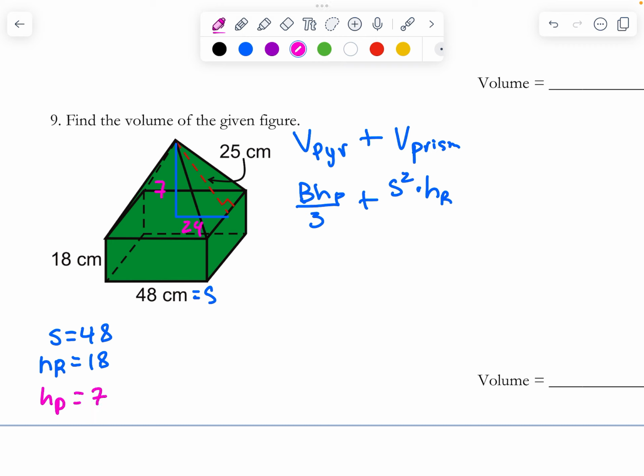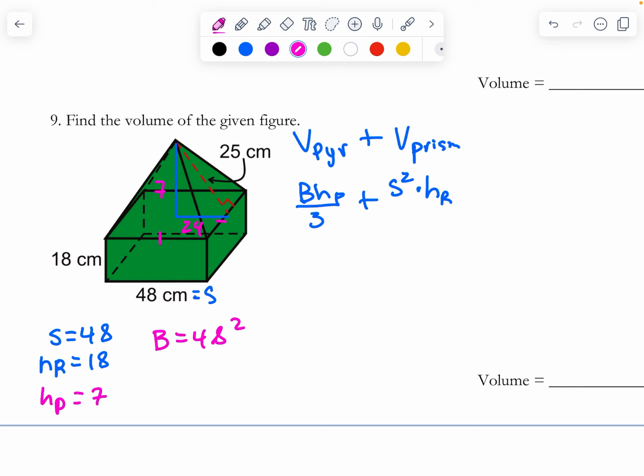And what else do I need? I need the base of my pyramid in this case, which at the end of the day is the same thing as the area of my sides. So it should just be 48 squared, because it's a 48 by 48.